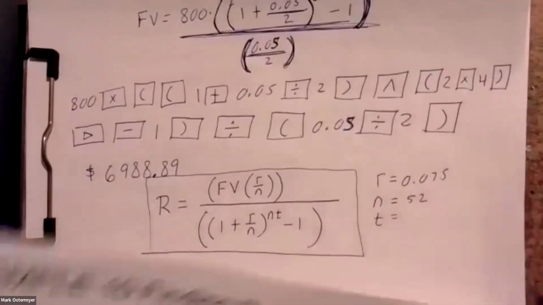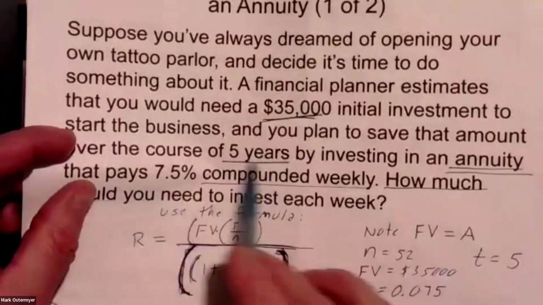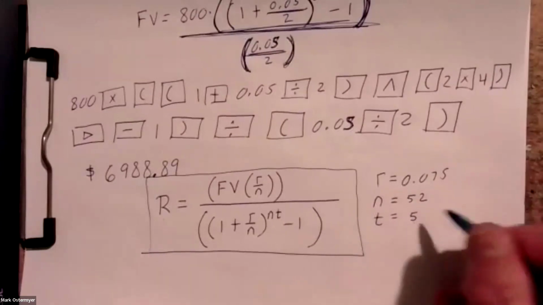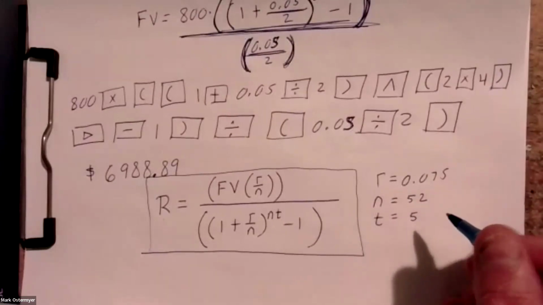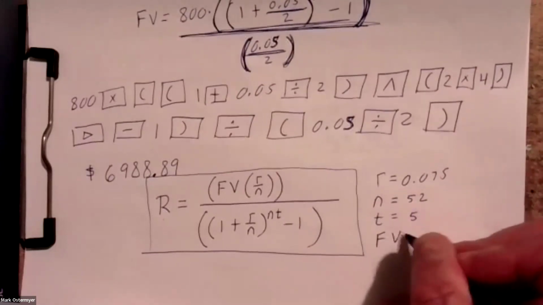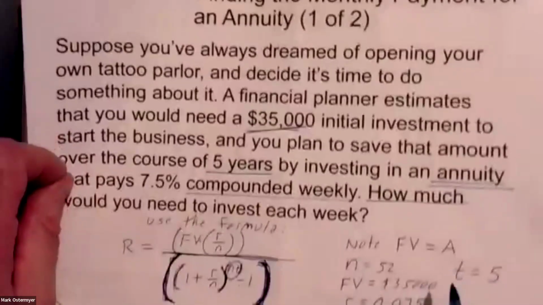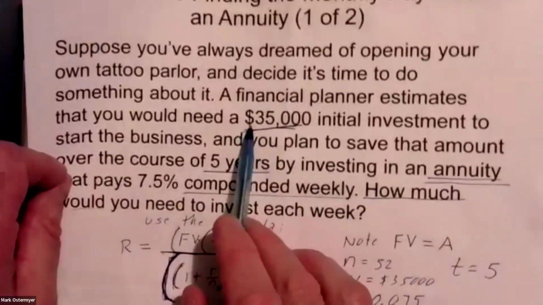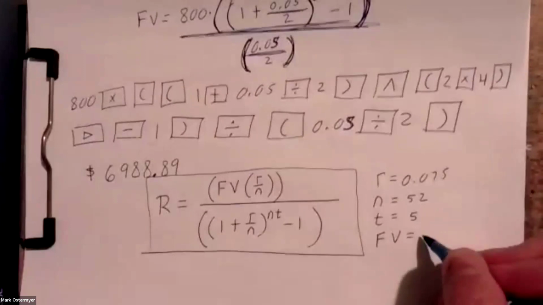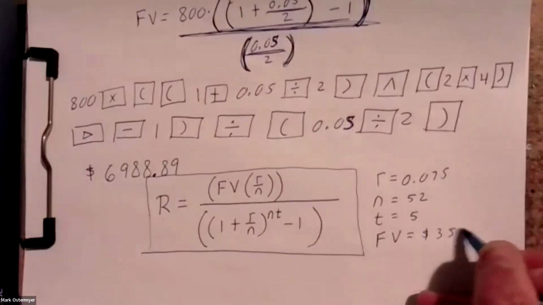T, time, is the number of years, which is going to be 5 years. What else? I think we got everything. What's our future value? We want our annuity to have $35,000 in it 5 years from now. That's the future value.